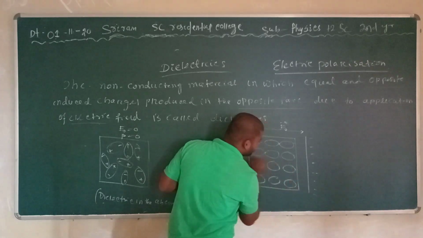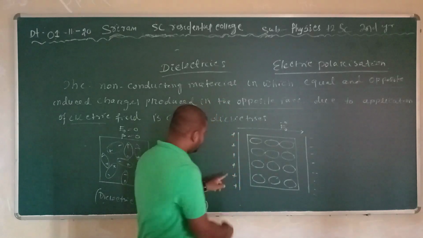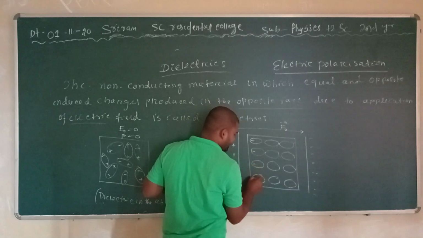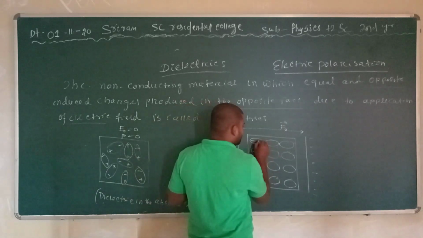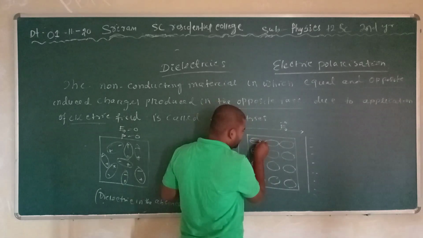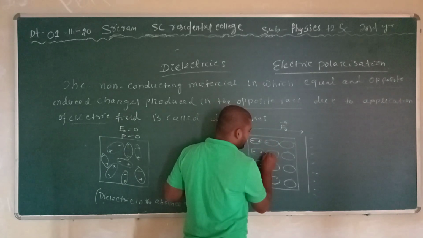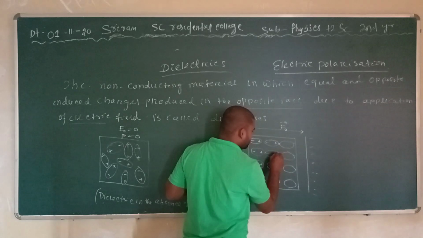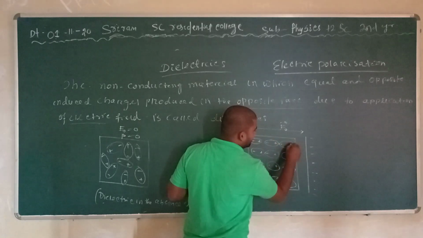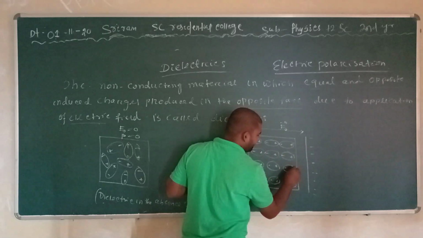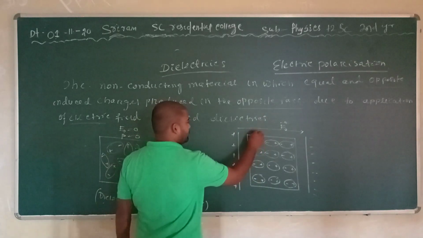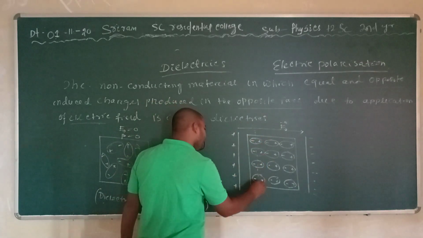Suppose these are the dipoles, and as this side is positive, it attracts the negative charges of the dielectric, and this side becomes positive. So these are the dipoles: where this one is positive, this one is negative and this one is positive. If you observe at one face, look at the position.